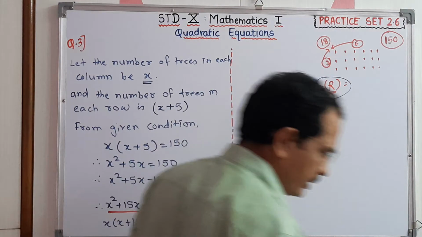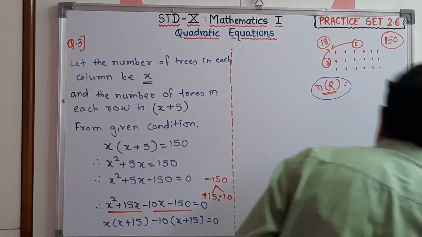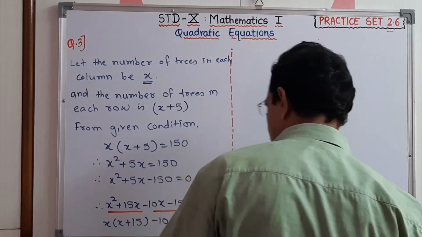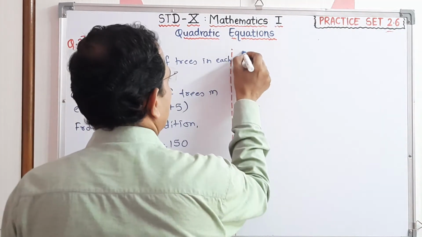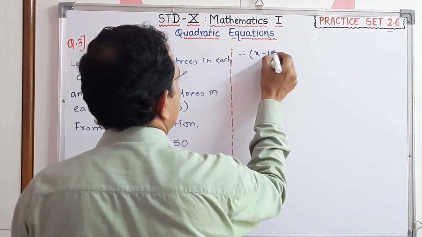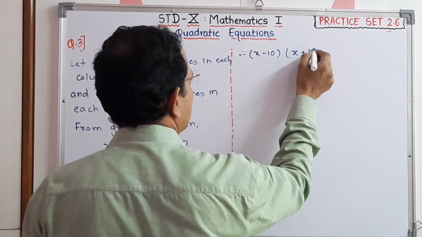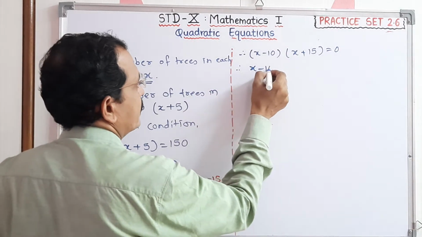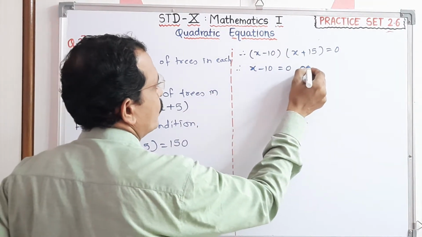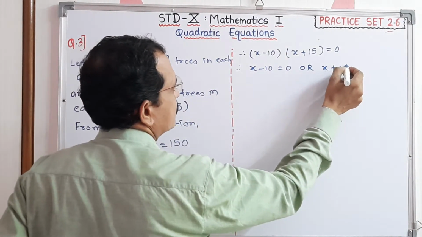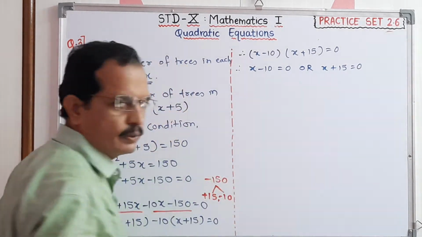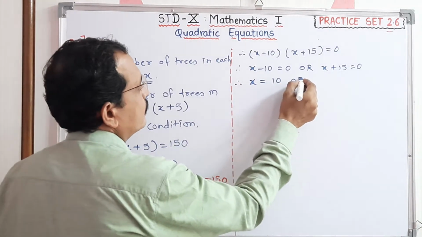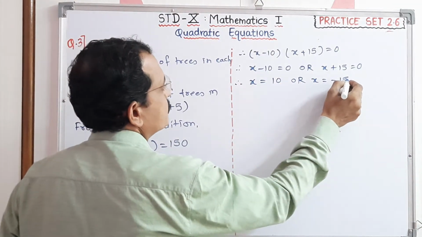Now we can write here, therefore x minus 10, and here it is x plus 15 equal to 0. Therefore x minus 10 equal to 0 or x plus 15 equal to 0. X is equal to 10 or x is equal to minus 15.